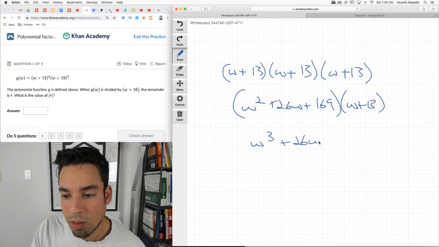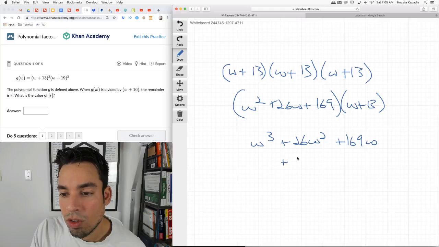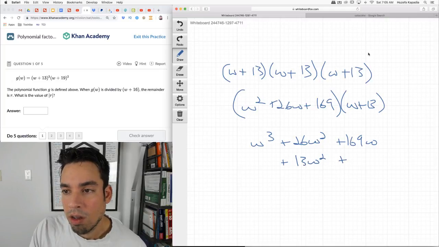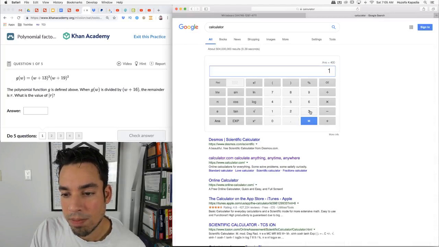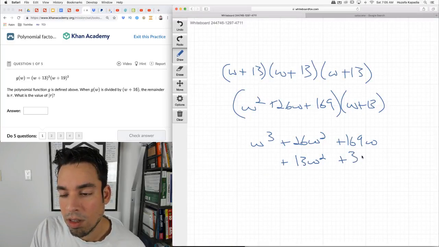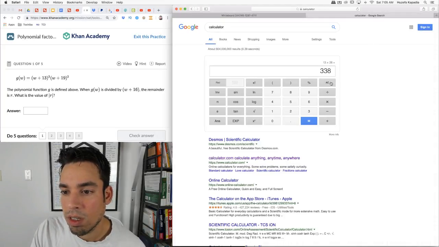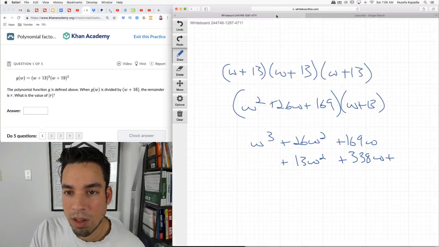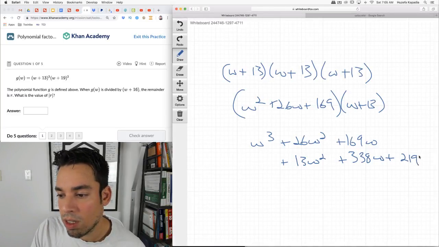Times this, and this becomes w cubed plus 26w squared plus 169w, plus 13w squared, 13 times 26, 338w, plus 13 times 169, which equals, you can already see how this is going to be a little crazy, 2197.